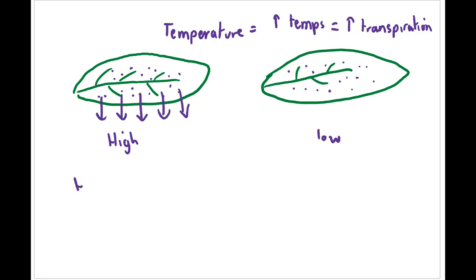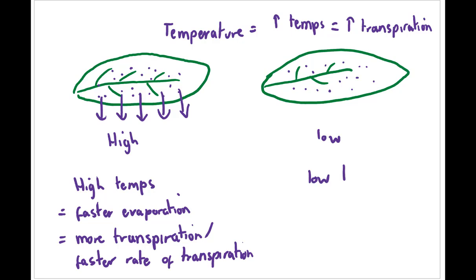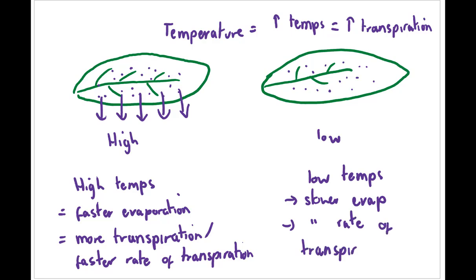Now, at high temperatures, there's basically a faster rate of evaporation, which is just like in normal life. So that means that there's going to be more transpiration, or a faster rate of transpiration. Whereas at low temperatures, there's going to be a slower rate of evaporation and therefore a slower rate of transpiration.